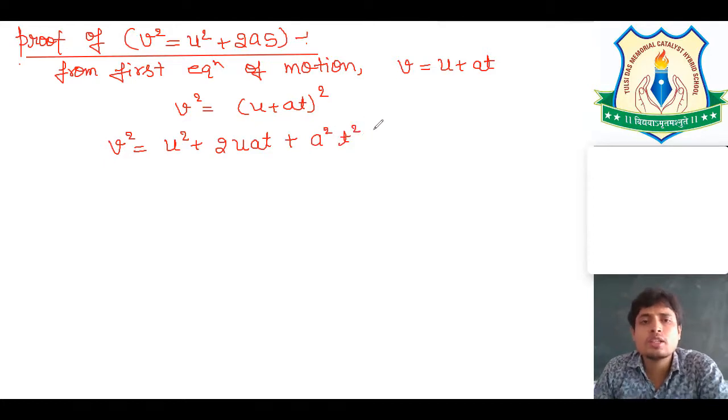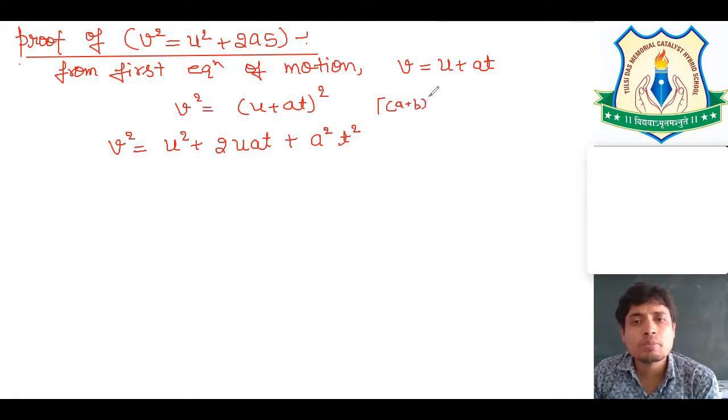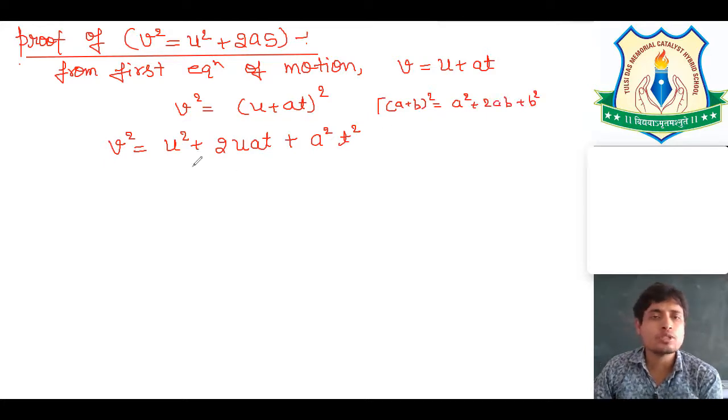This I have expanded by the formula a plus b whole square equal to a square plus 2ab plus b square. I have used this formula here. v square is equal to u square plus something common.